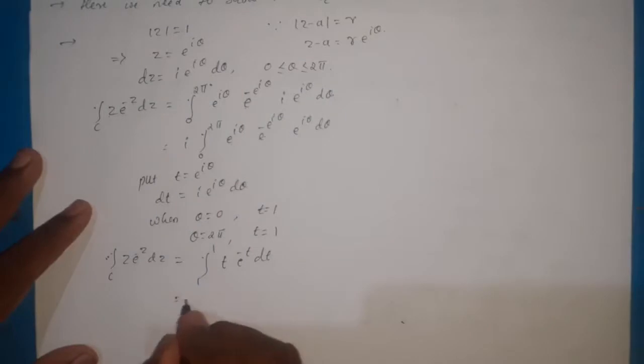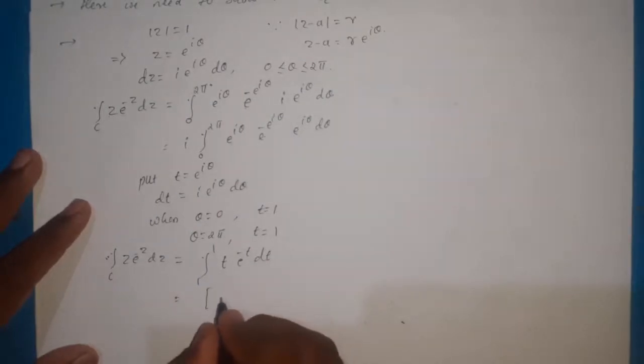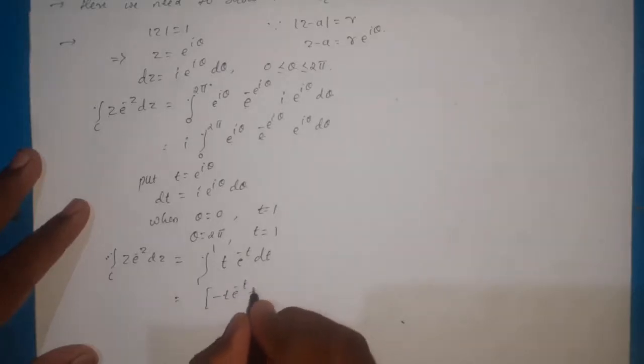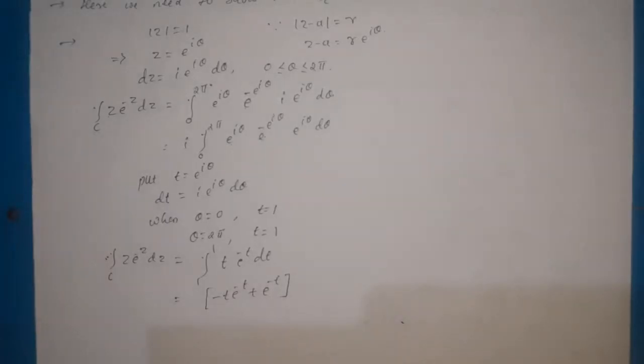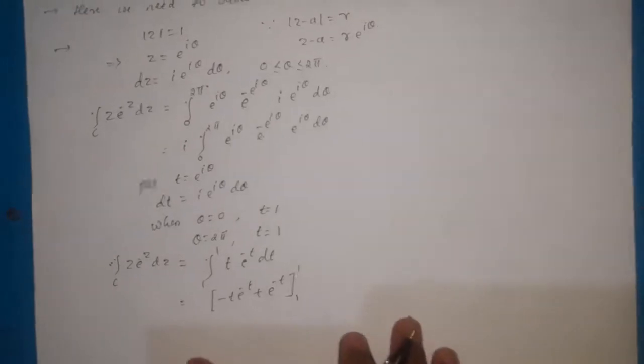Then the integration of this one is minus t e power minus t plus e power minus t, by using integration by parts, from 1 to 1.